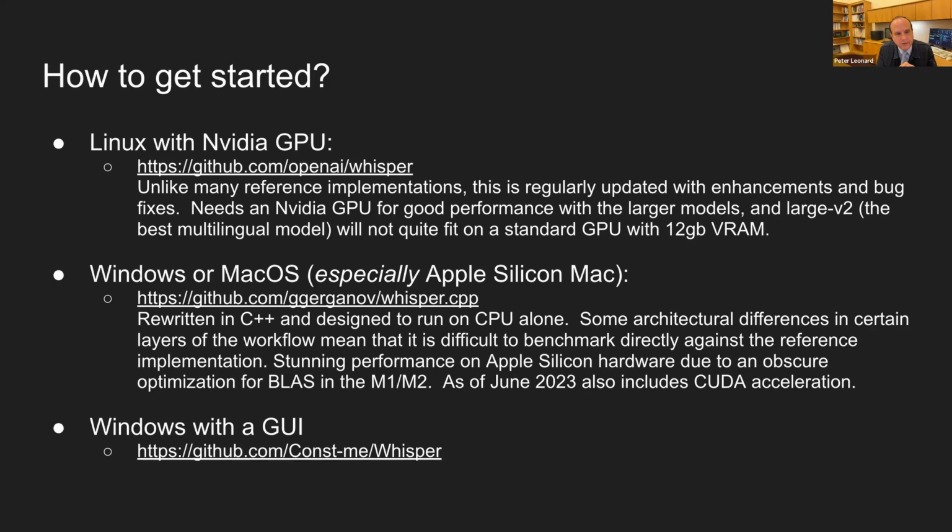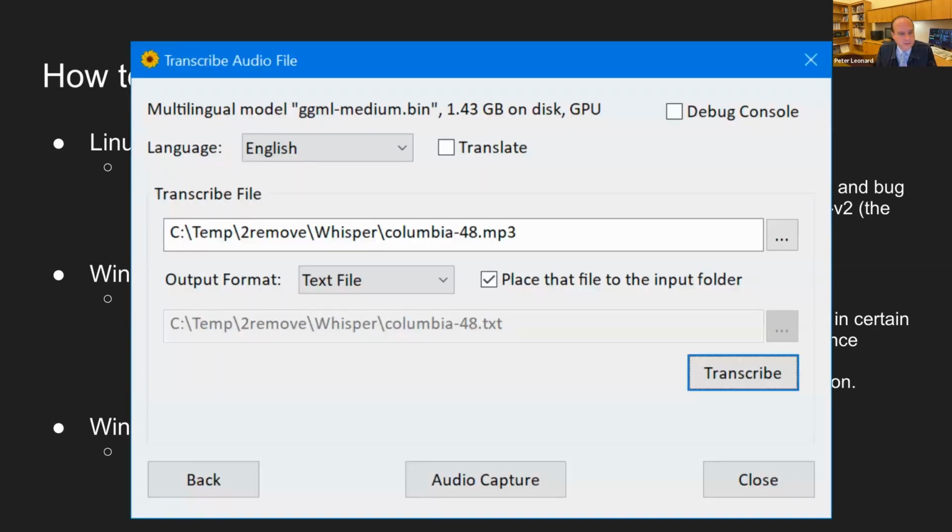There's also a very intricate optimization for linear algebra, I believe, that makes it run very quickly if you have an Apple Silicon machine. Confusingly, although Gerganov's code was originally designed to eliminate the need for an expensive $3,000 NVIDIA GPU, he's actually also added in GPU acceleration.